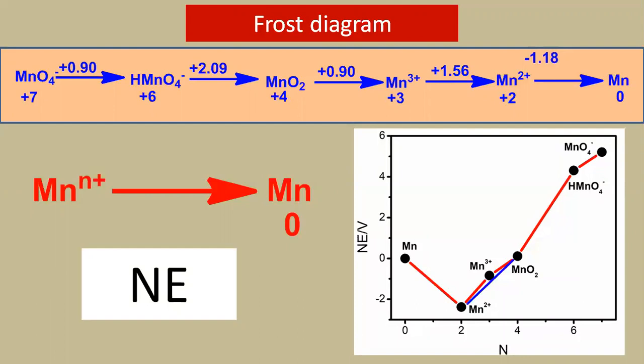Now in this video I discussed the Latimer diagram, and I discussed the Frost diagram, and also how to calculate the reduction potential of couples which are not directly connected, which I already explained in the Latimer diagram. For example, if I want to calculate the redox potential between 7 plus and manganese, you just need to follow what I explained earlier.